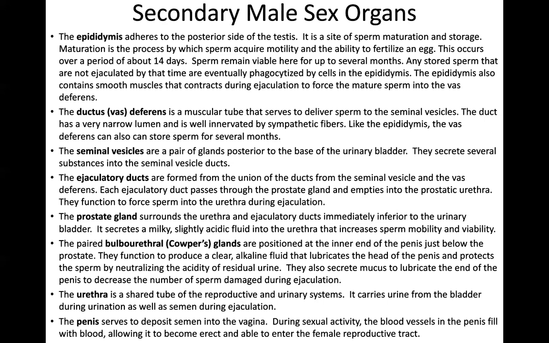There's also going to be mucus in the fluid here that lubricates the end of the penis, which helps decrease the number of sperm that are damaged when a male ejaculates. This is where that pre-ejaculate fluid is coming from, and that's what comes, obviously, before the powerful release of the semen, and that's why it's clear and not that milky white color like the semen is.